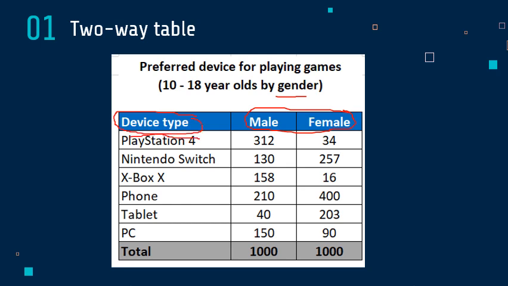And then here are all our different options for that. So we put all that into a table, and we could make a few statements about it. We saw that PlayStation was the most popular for males, whereas for females, the phone or smartphone was the most popular. Today we're going to look at how this looks in a side-by-side column graph.